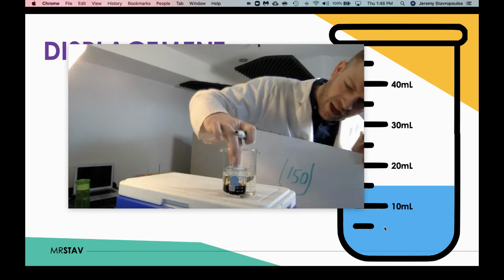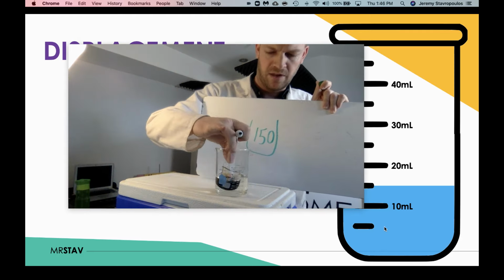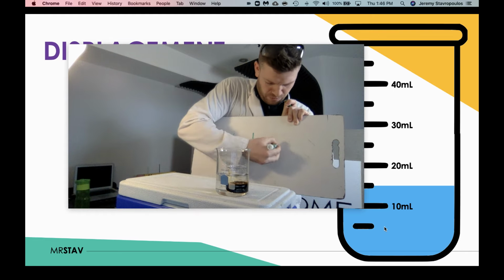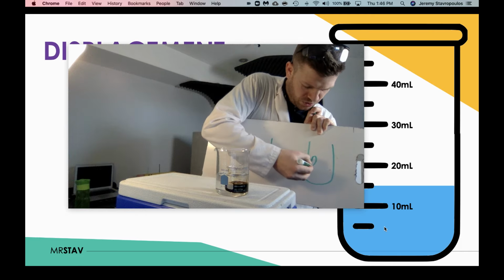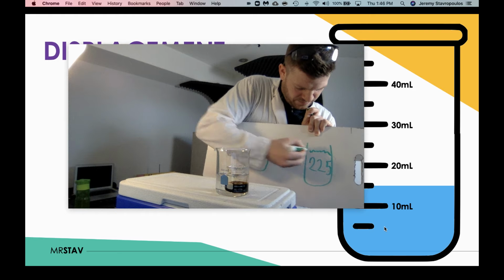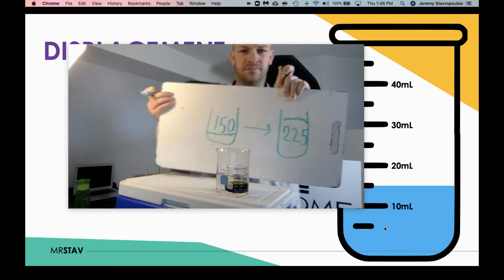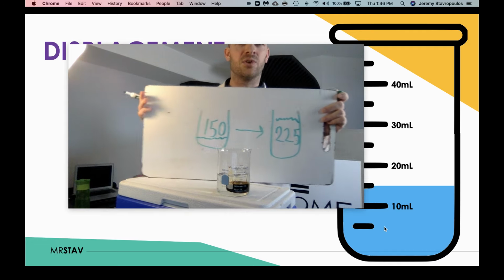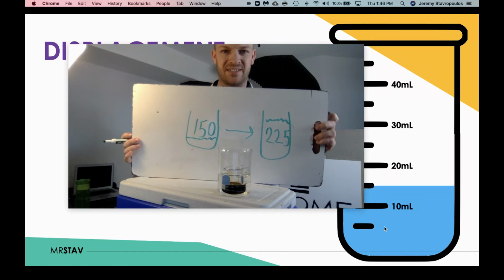So it was at 150 milliliters, and then when we put it in, the water has changed to 225. So the water level has gone up. It has gone higher. This increase is what we call displacement. Whatever we put in that water has displaced that water by a certain amount.